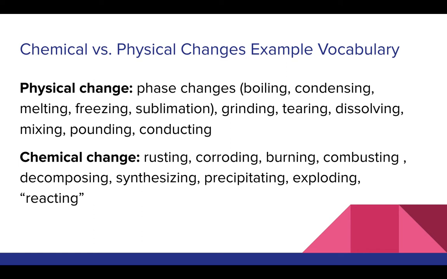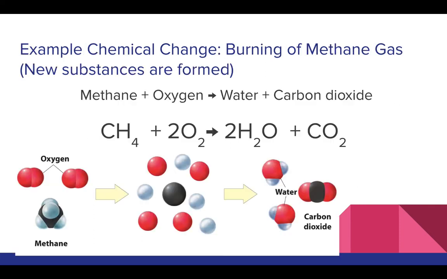Now, chemical change words that you might want to be familiar with are things like rusting and corroding, which are essentially the same thing, combinations with oxygen, burning and combusting, decomposing, which means something breaking down into simpler substances and elements, synthesizing, precipitating, exploding, and just the general word reacting tends to mean that it's a chemical change.